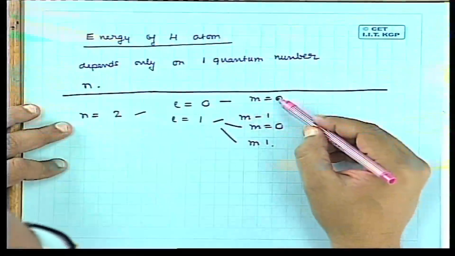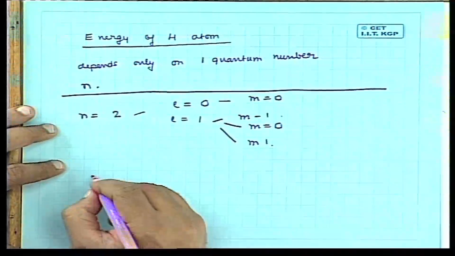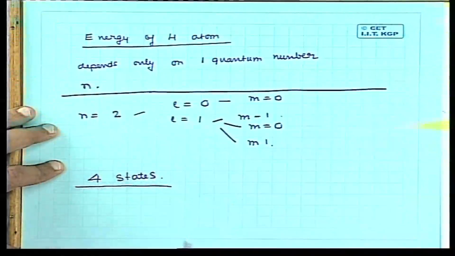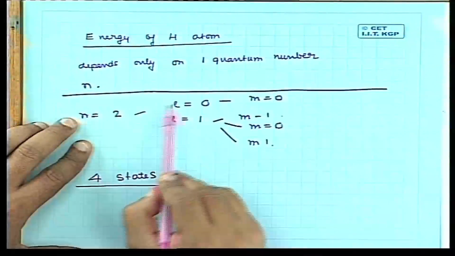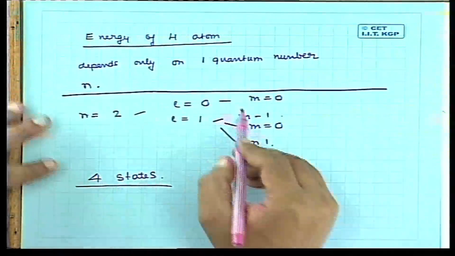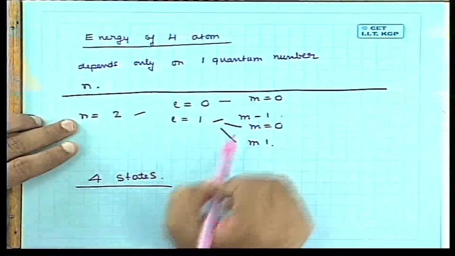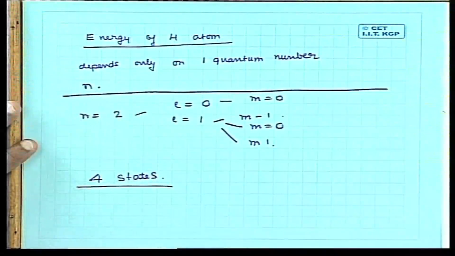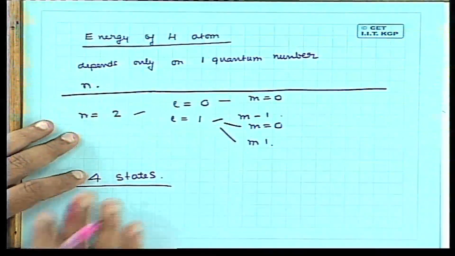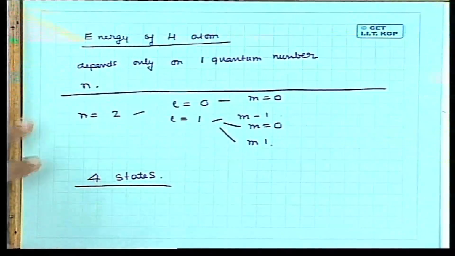There are actually 1, 2, 3, 4 states. To fix the wave function, I have to give n, L and m. But just given n, I can determine the energy. So for a fixed value of energy, there are 4 possible wave functions which give the same value of energy. So we see that there is a degeneracy. In the next class, we shall continue with the discussion of the nature of this degeneracy.